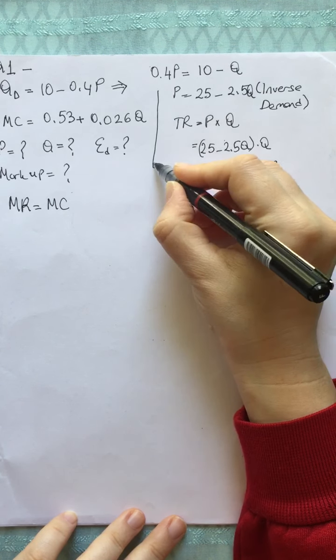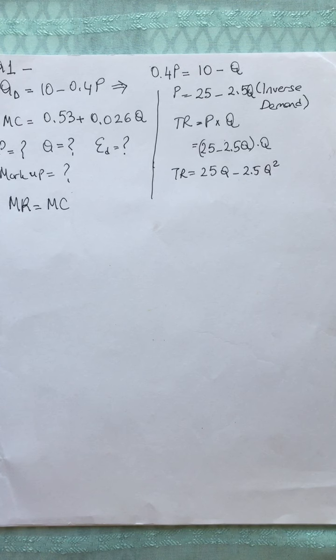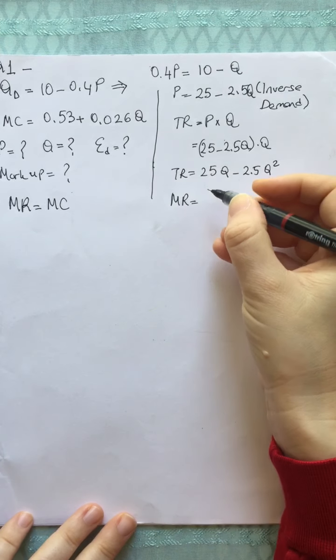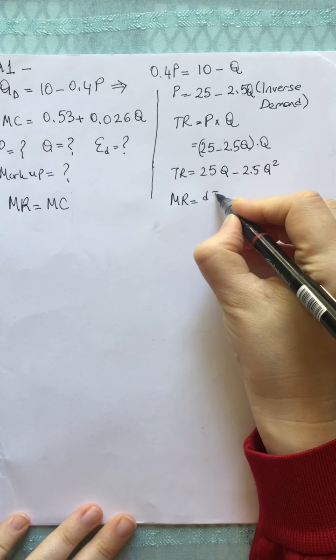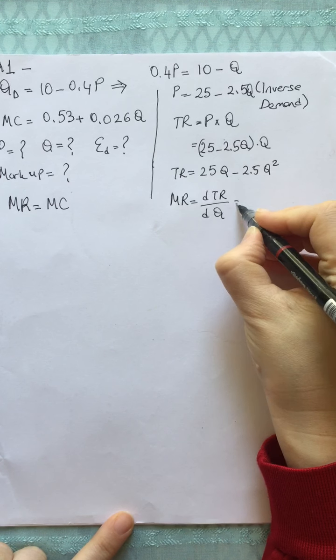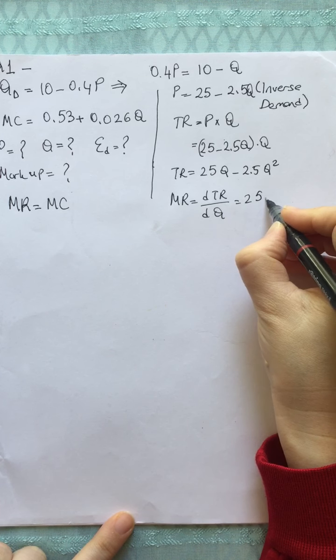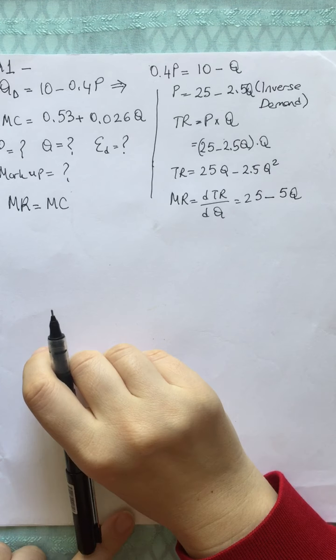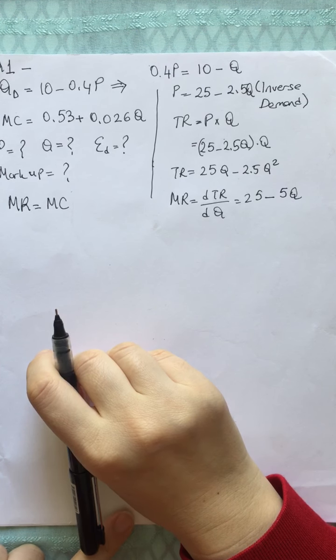That is our total revenue function. Now we can differentiate it to find the marginal revenue. If you differentiate the total revenue function with respect to Q, you will get 25 minus 5Q. That is our marginal revenue function.